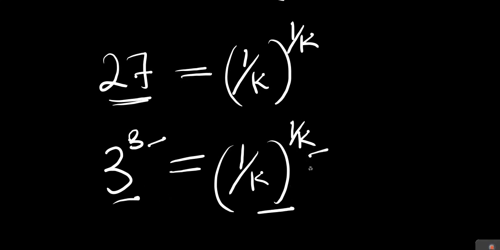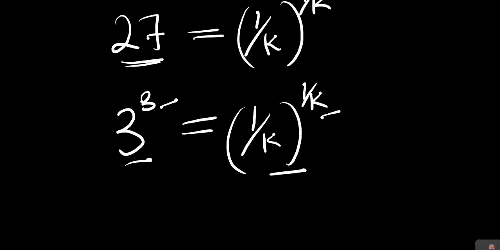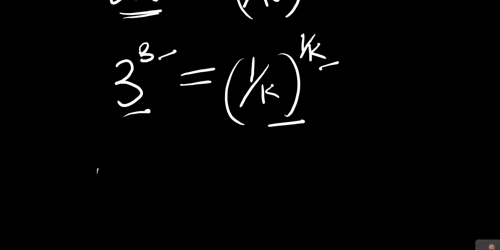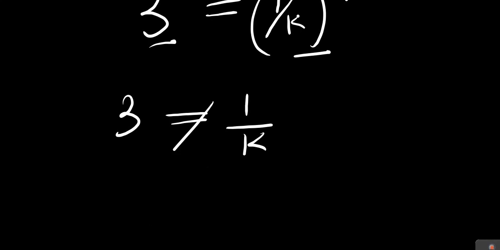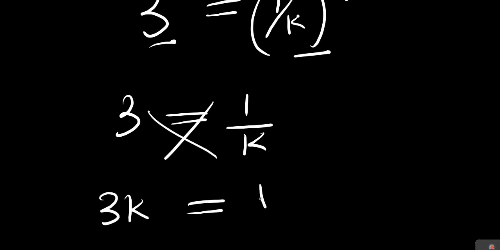So in this case, we can equate. That means we can equate 3 to be equal to 1 over k. Now we can solve for k by simply cross multiplying. So we have 3k equals 1.